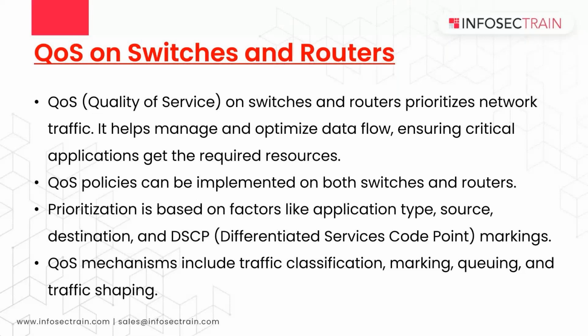It can be implemented both on switches and routers. So what kind of application it is, its source, and the destination where we are sending are factors. On those bases, the traffic will be prioritized, right? Apart from that, queuing will happen, or traffic shaping will happen, and then the data traffic will be forwarded on those bases, right? That is on switches and routers.